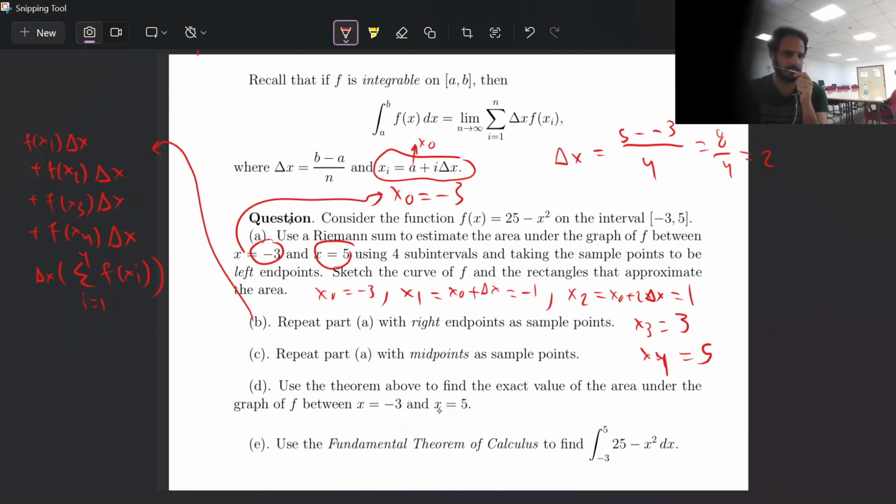Maybe take like between left and right. So, for example, if we have 2 and 3, we take 2.5. Yes, if the right hand point would be 3, and the left hand point would be 2, the midpoint would be 2.5. Yes, exactly. This is the idea. For example, here, -3 to -1. How to find the midpoint?